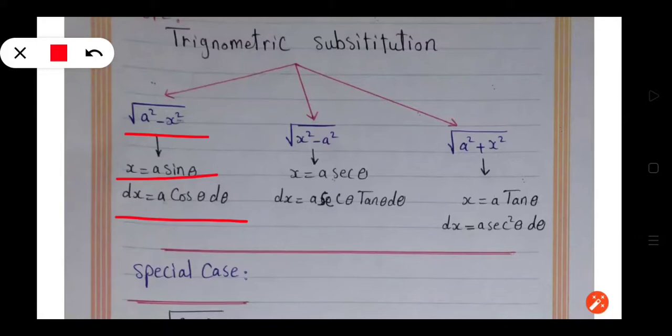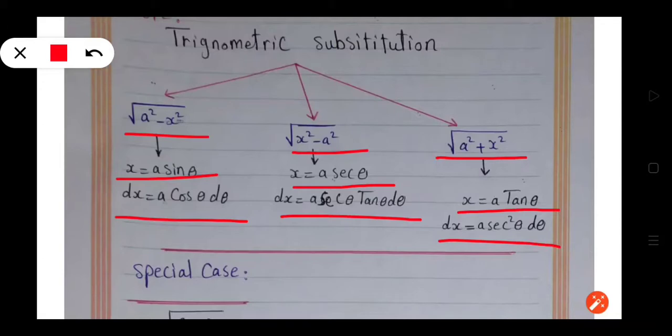And also, if we have root x squared minus a squared, we write down x equals a sec theta and dx equals a sec theta tan theta d theta, its derivative. And also, for root a squared plus x squared, we write down x equals a tan theta and dx equals a sec squared theta d theta. Remember that this substitution is basic.